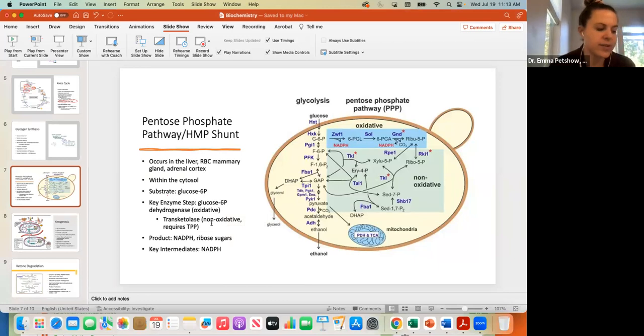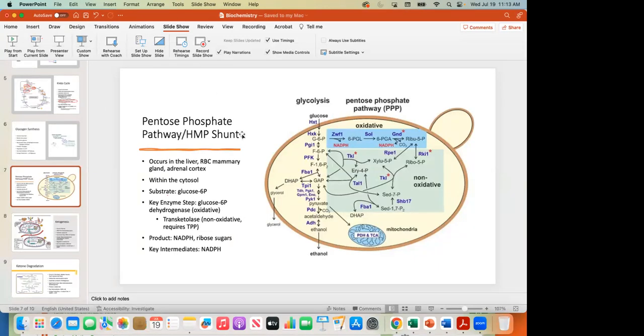G6PD deficiency, so glucose 6-phosphate dehydrogenase deficiency, is what you're referring to here. NADPH, which you get as a byproduct from this pathway, is needed to keep glutathione in its reduced state. When glutathione is in its reduced state, it will help with detoxification of free radicals as well as peroxides in the body.